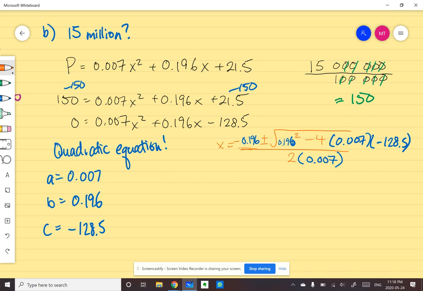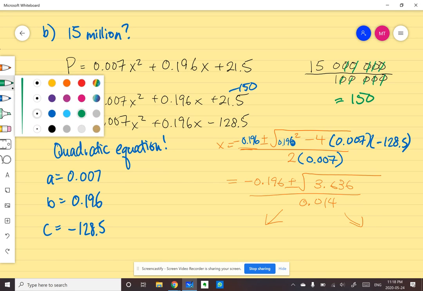If I crunch that and simplify a little bit, that whole inside there, you should get 3.636 divided by 0.014.